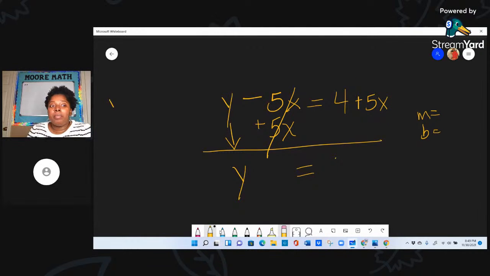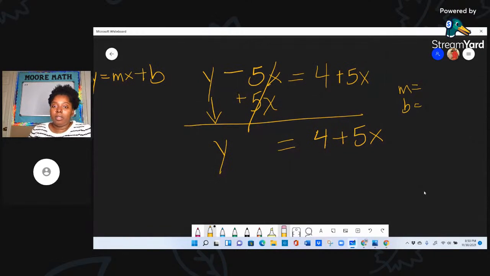But I want to tell me the formula again. Y equals what? Mx plus b. Okay. Is this in y equals mx plus b form yet? No. Right now it says y equals 4 plus 5x. What do I need to do so that the x can be first?